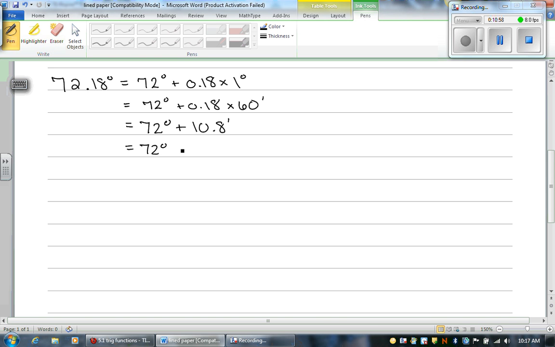Then what I can do is go ahead and break this apart. 10 minutes plus 0.8 times 1. So I'm just pulling it apart. 72 degrees plus 10 minutes plus 0.8 times 60 seconds. 1 minute is 60 seconds.